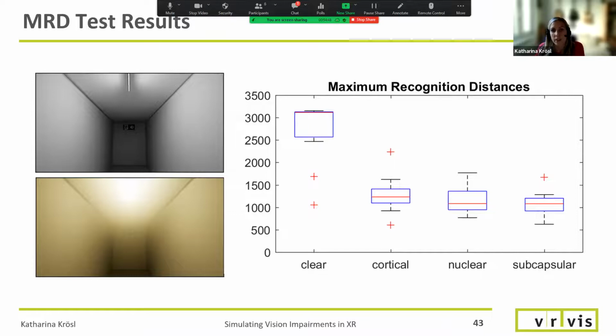Our results showed that maximum recognition distances with cataract vision are significantly lower than with clear vision, which was to be expected. But clear vision in this context means actually wearing a Vive Pro headset with no simulated impairments. But the low resolution of the headset still causes a reduction in visual acuity to approximately 0.5 decimal acuity according to our tests. So you're already vision impaired if you put on a VR headset, basically.